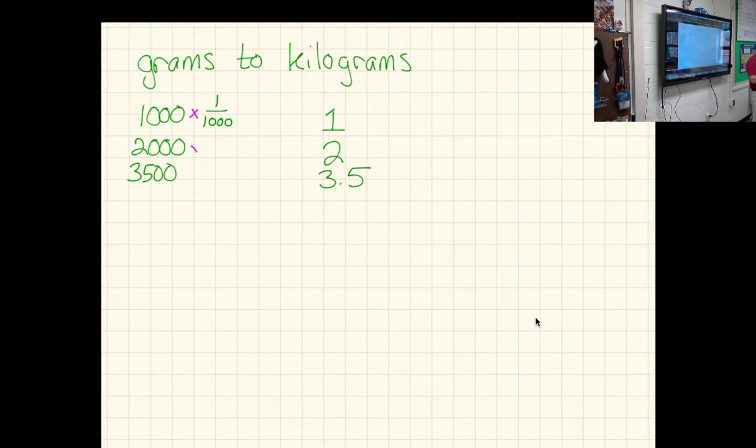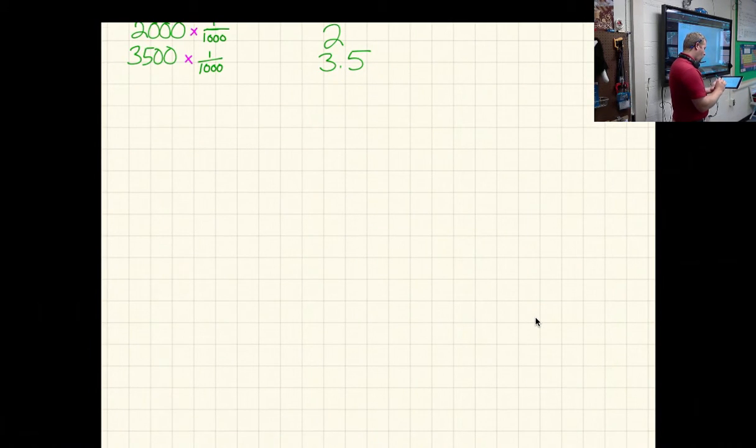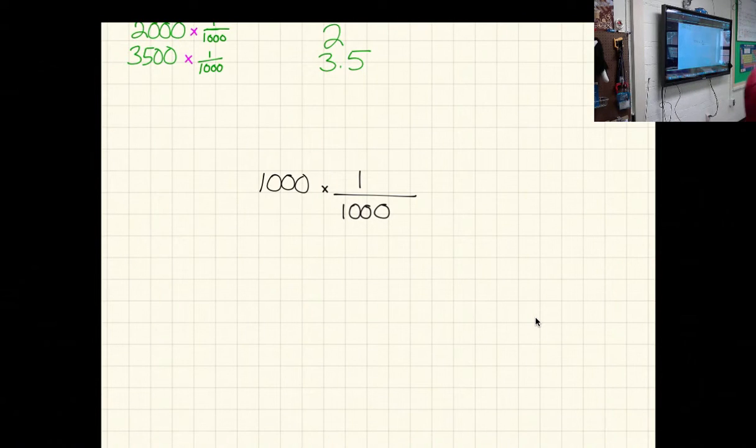Now, if I do that each time and multiply by 1 over 1,000, how many of you have ever done where you can cancel zeros when you're multiplying two things? Let's look at this for just a second. 1,000 times 1 over 1,000.